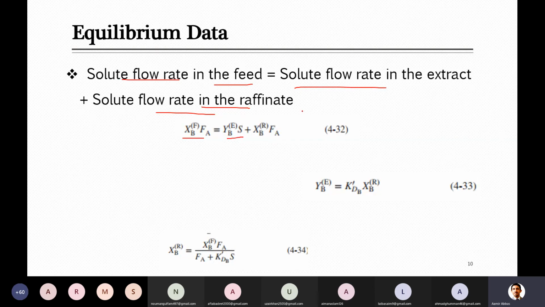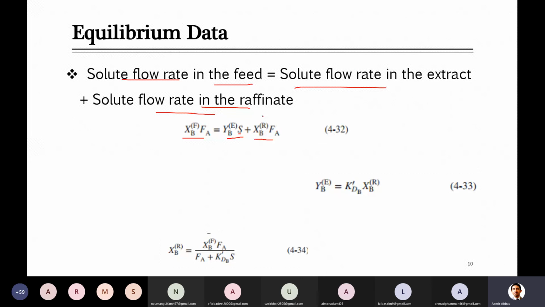Similarly for the solute flow rate in the extract, YB was the ratio of the mass of the solute in the extract phase divided by the mass of solvent, which was component C in the extract phase, multiplied by S, the mass flow rate of component C in that case, so they cancel, and again you only get the solute flow rate in the extract, but written as a ratio of masses.